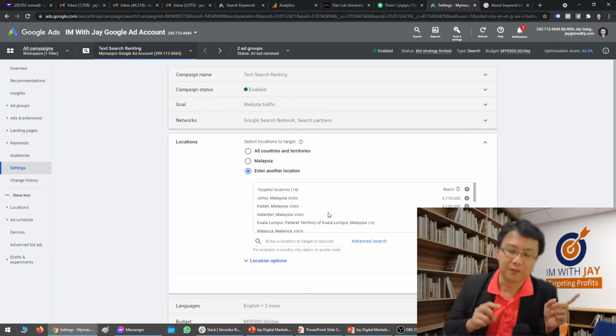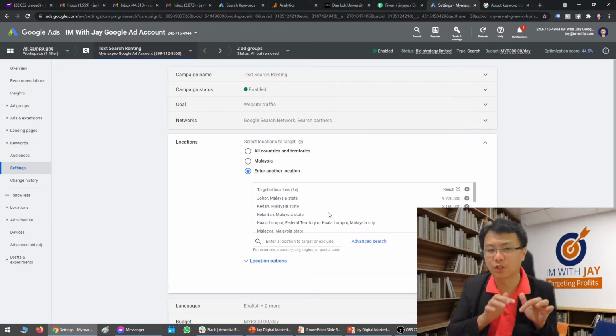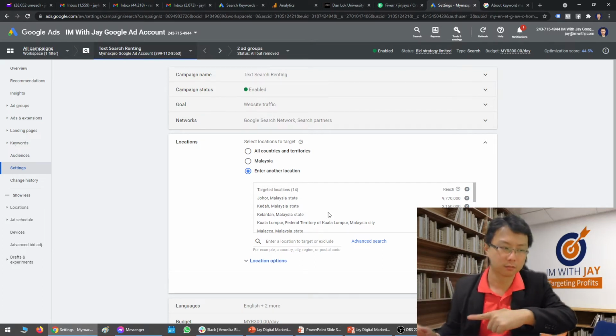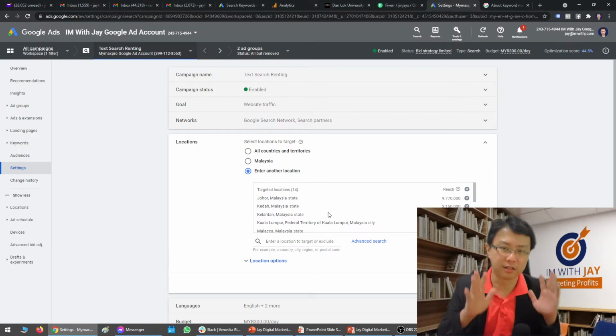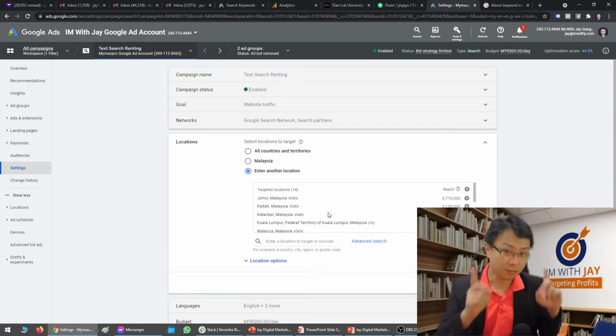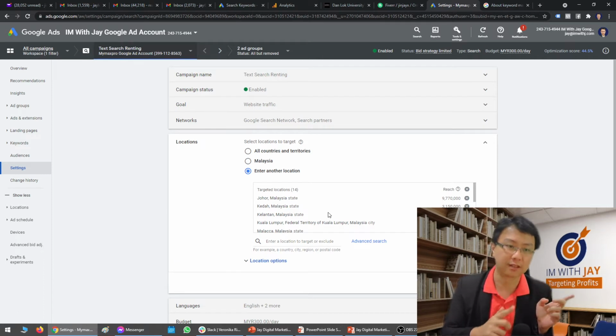So let's say somebody is from the United States or Canada and they search computers in Malaysia, there's almost no chance that this business is able to sell computers to the United States or Canada.